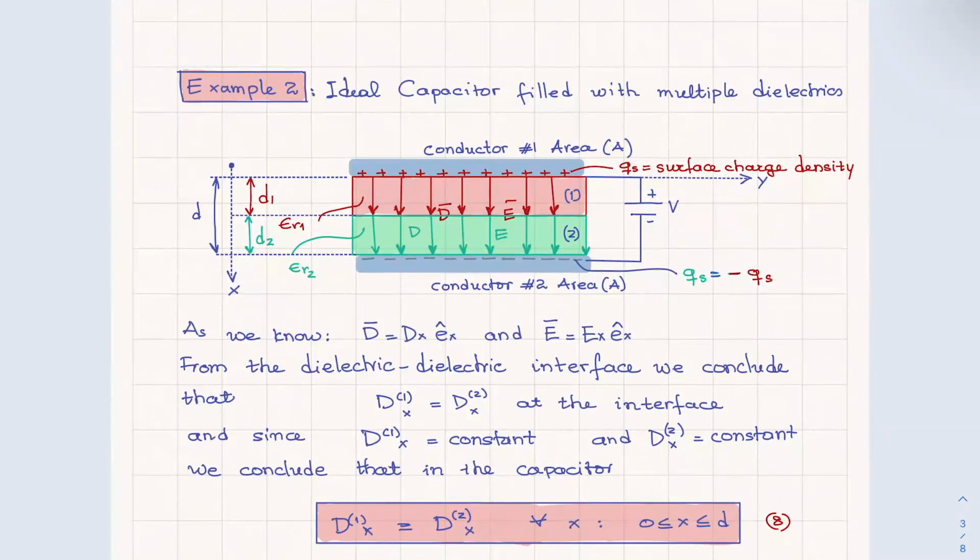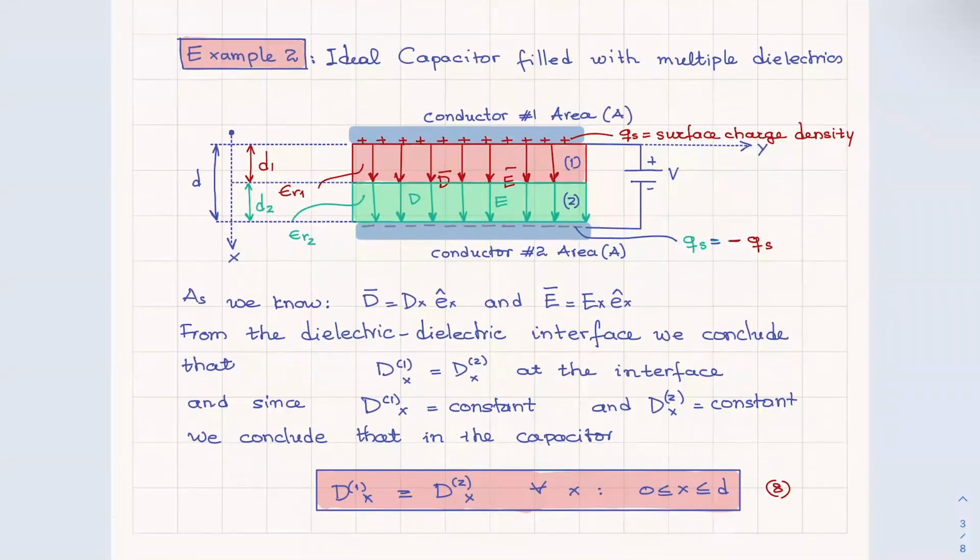All right, so here I give you the two different materials. Epsilon R1 and epsilon R2 are the two relative dielectric constants. D1 and D2 are the thicknesses of the two materials. Now, again, we need to remember what happens in an ideal capacitor. First of all, D, and therefore D1 and D2, are much smaller than the dimensions of the conductor.